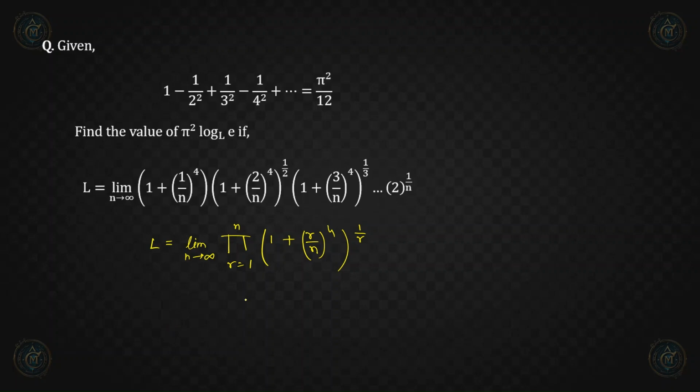So we have to first express this product in terms of summation. So we take log both sides with base e. So log L with base e becomes simply limit n tending to infinity, summation r equal to 1 to n, then 1 divided by r times log of (1 plus r by n) whole to the power 4.